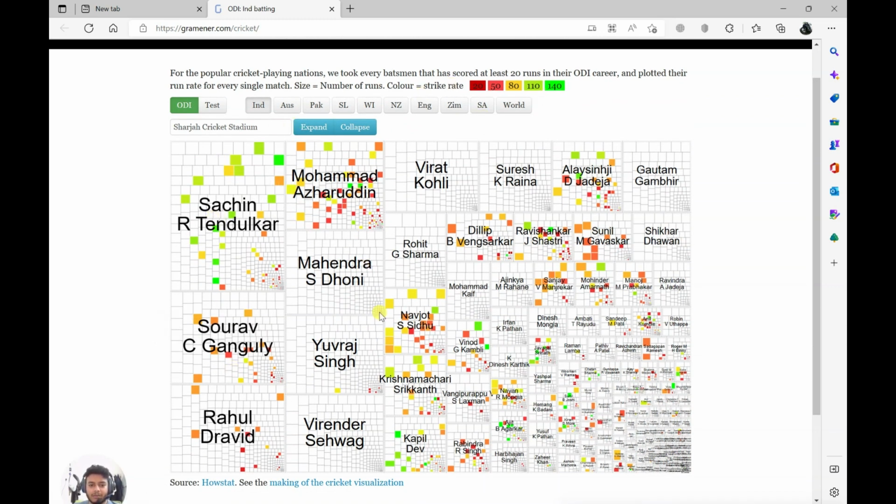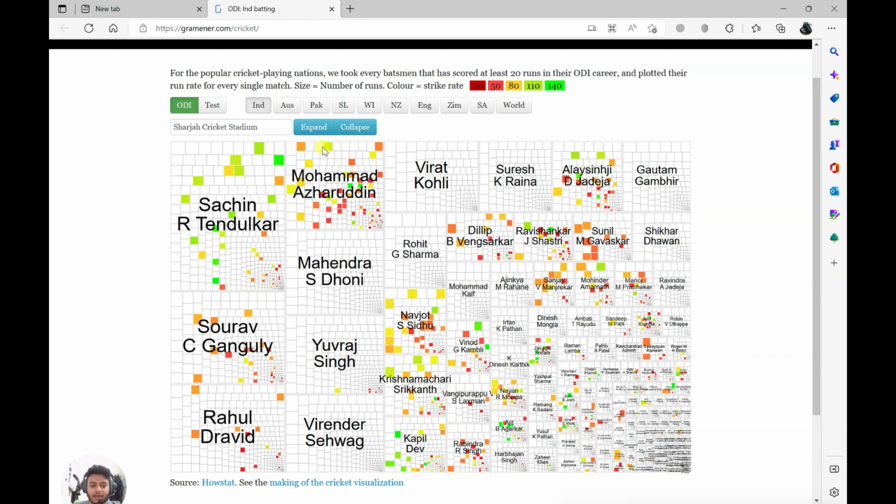Now can you see how easy it is to convey a message to anyone by looking at this graph? Just imagine if you had the same thing in a spreadsheet. It would be very hard to convey this message.